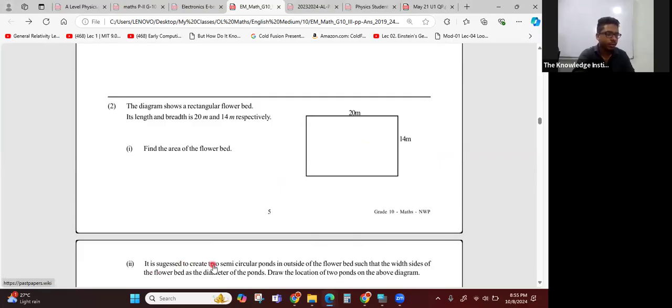So it says it is suggested to create two semicircular ponds outside of the flower bed such that the width side, so this length, the width side, right, of the flower bed is the diameter of the ponds. So here we want to draw a semicircle.